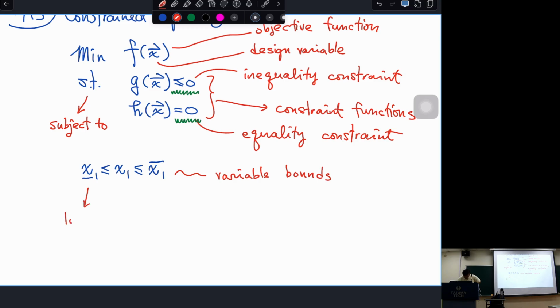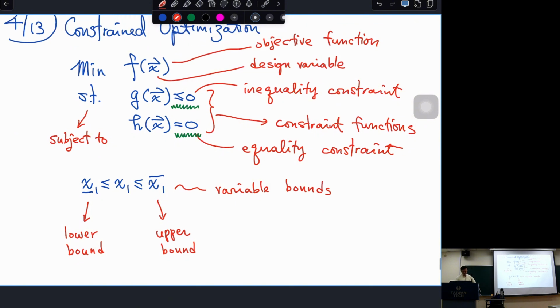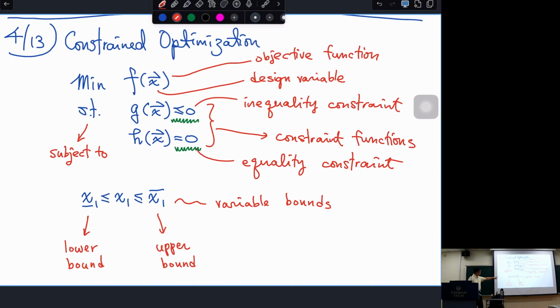This is the lower bound, and this is the upper bound. Right? Why didn't I talk about variable bounds? Because they are also a kind of inequality constraints. You can rewrite the variable bounds into the following form.